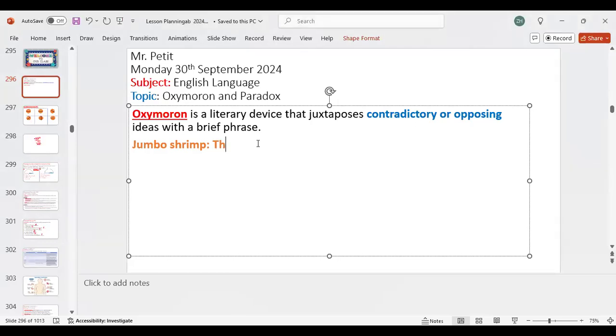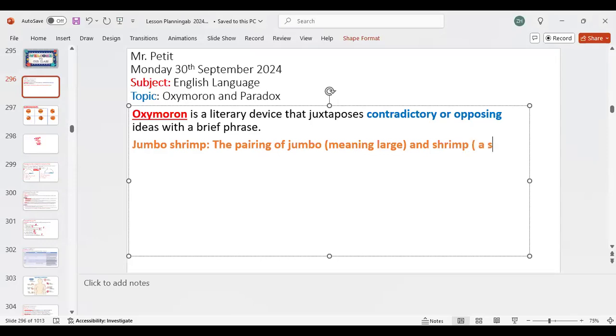So let's write this down. The pairing of jumbo. What does jumbo mean? Meaning large, right? Large or big. And shrimp, well, shrimps are typically what?